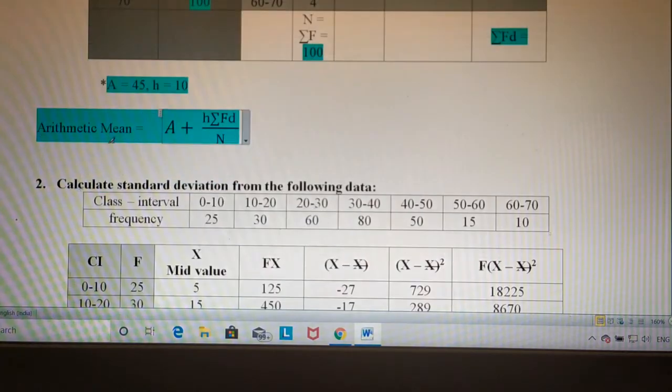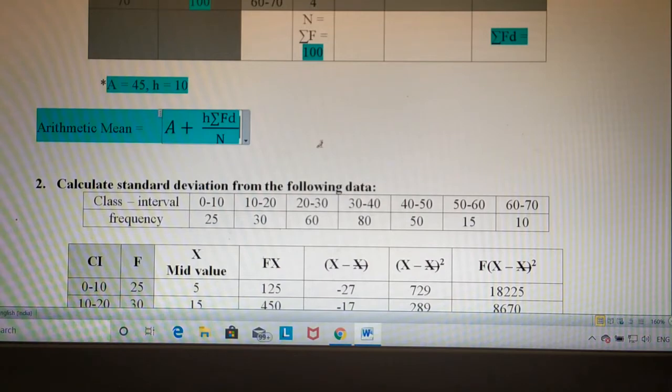Arithmetic mean equals a plus h into summation fd divided by capital N, where a equals 45, h is 10, summation fd is the total value of fd, divided by N. N is 100.